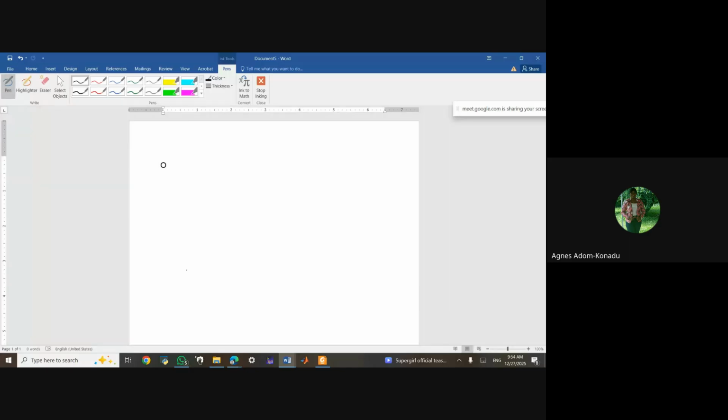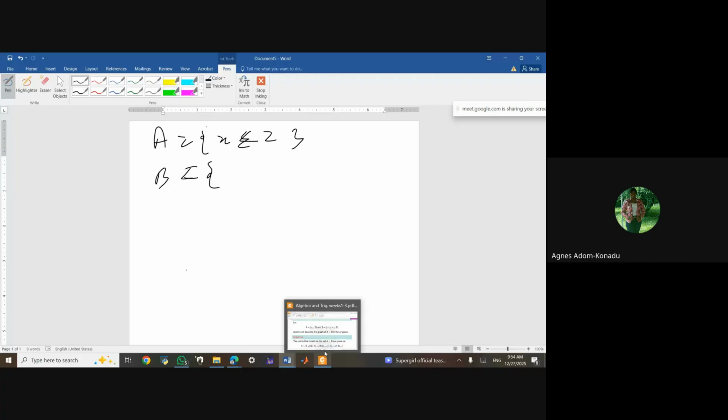Okay, so thus we have A is equal to the set x less than or equal to 2. And then I have B is equal to the set -1 less than or equal to y less than or equal to 3.